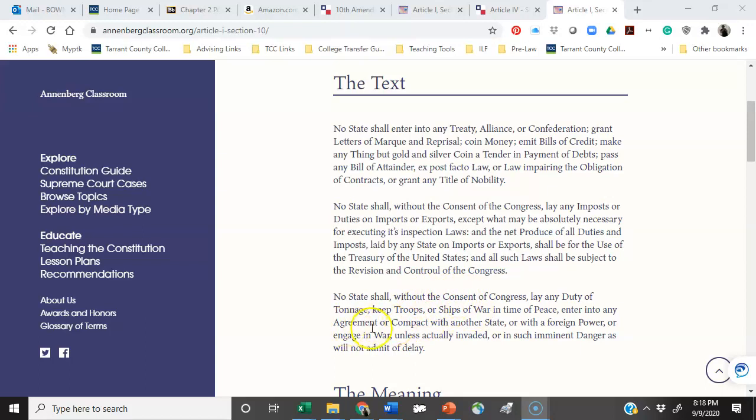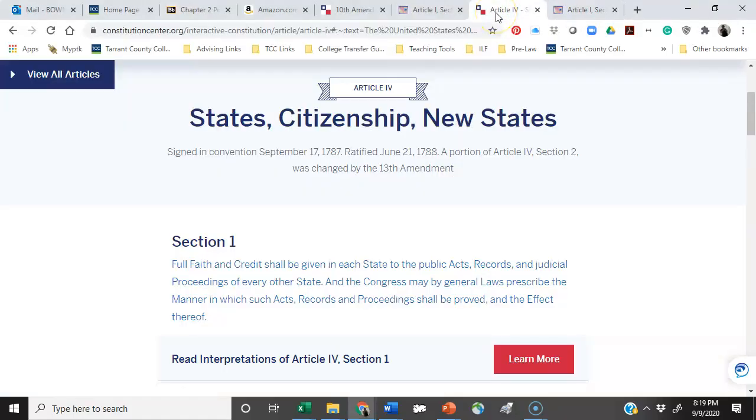They cannot engage in war unless actually invaded. So this is Article 1, Section 10 of the United States Constitution, and it lays out the things that the state governments cannot do. We'll look at one more provision.